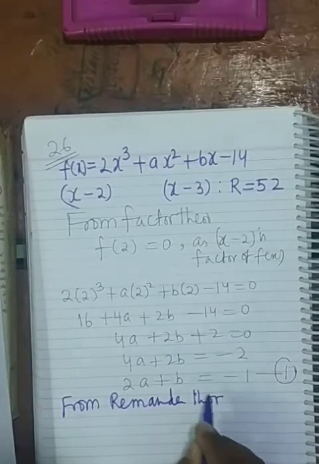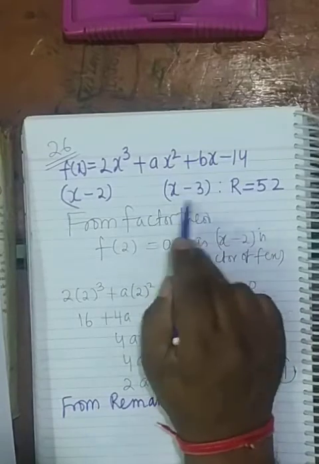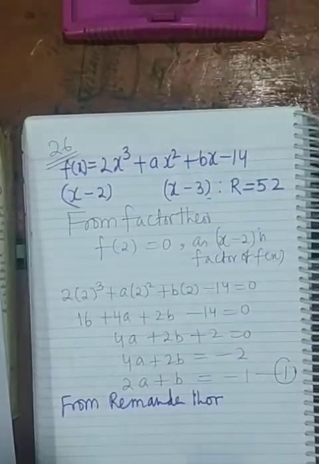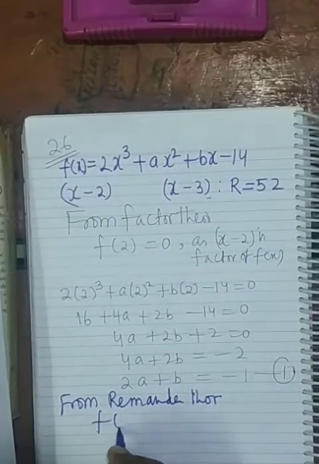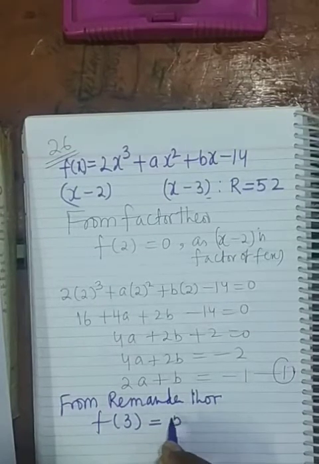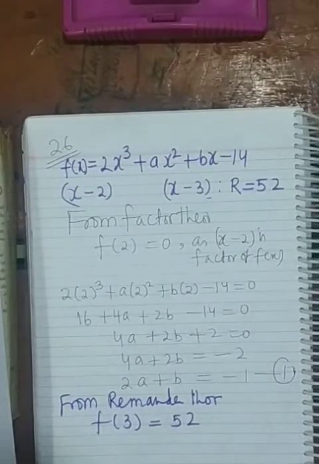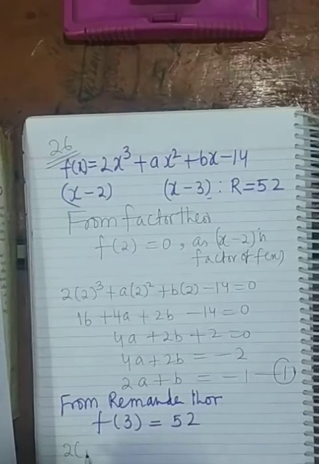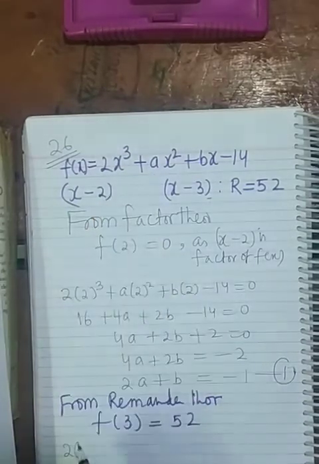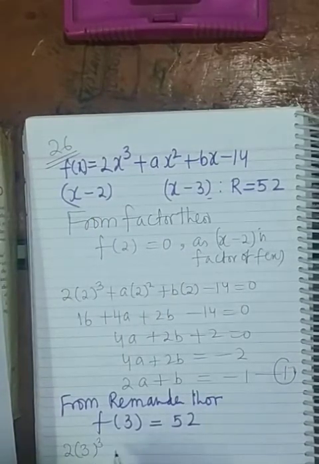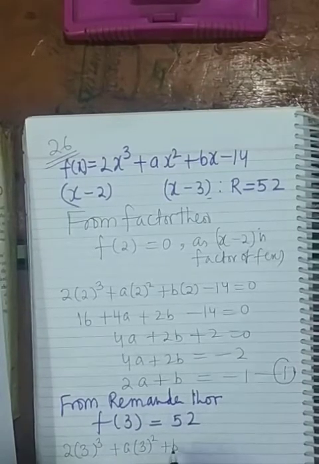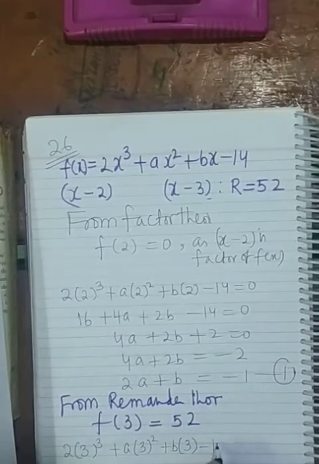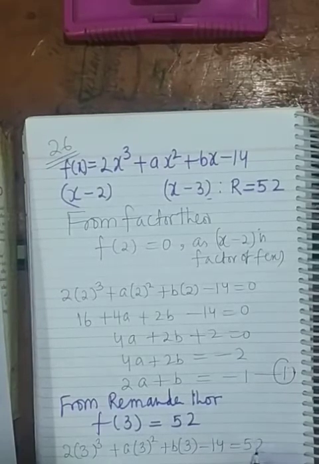Then from the remainder theorem, when it is divided by x minus 3, it leaves remainder 52, which means f of 3 equals 52. So in place of x you write 3: 2 into 3 cube plus a into 3 square plus b into 3 minus 14 equals 52.